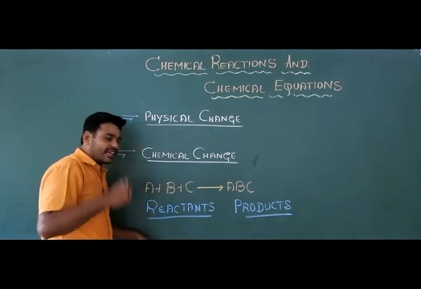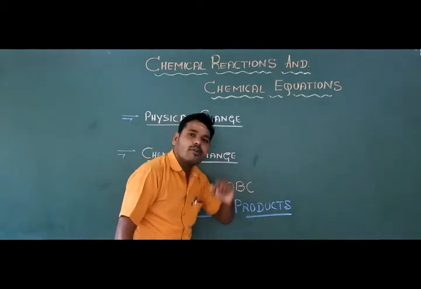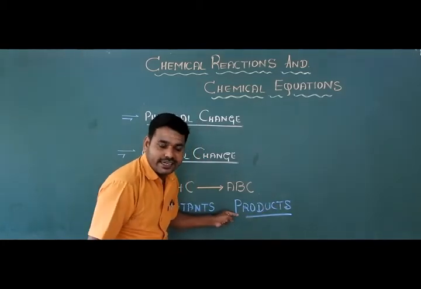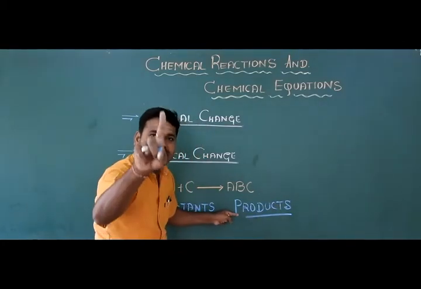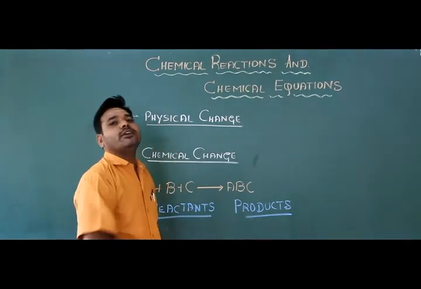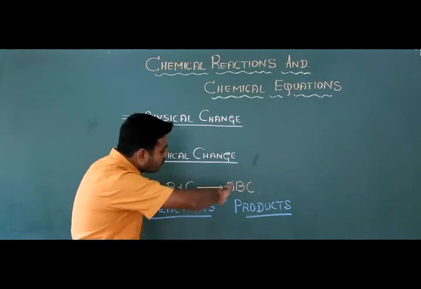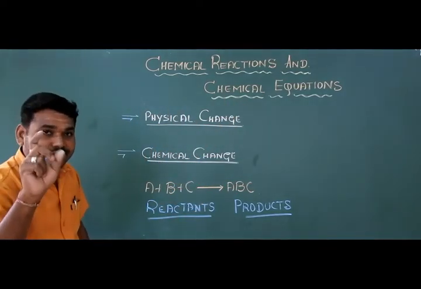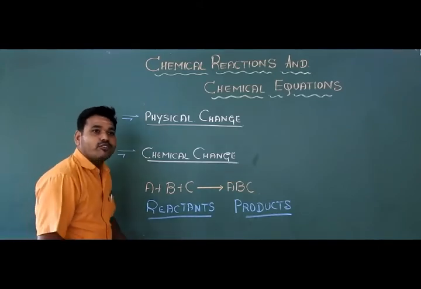And on the other hand, the second terminology is called products. Here the products are the chemical substances formed after the chemical reaction. All those substances are called products, students. Please listen to this concept carefully.